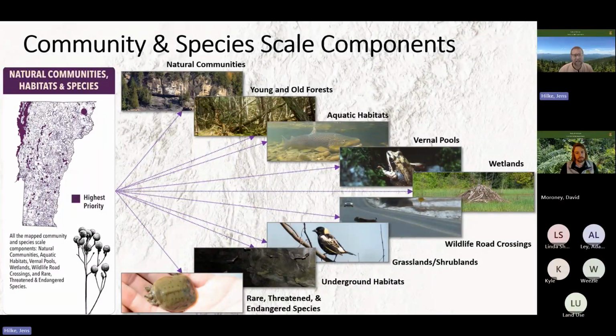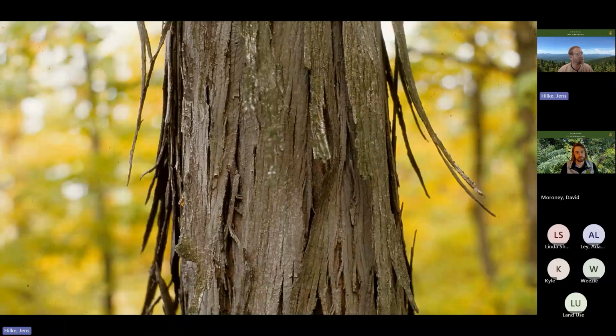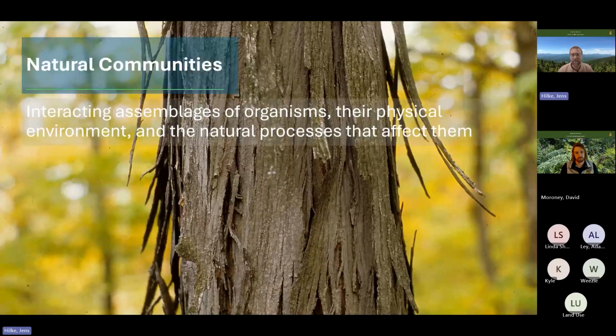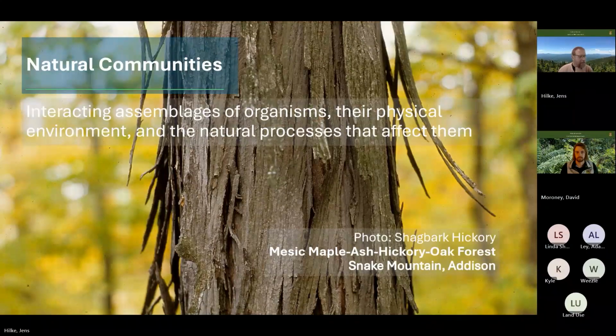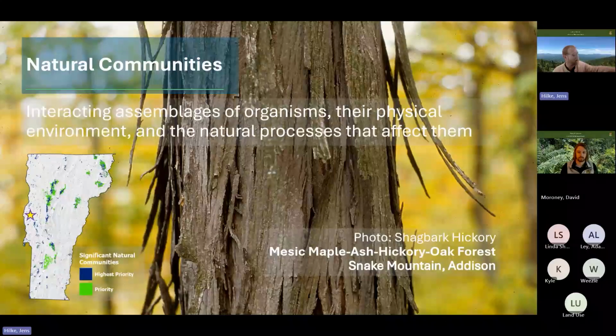So let me just dive into a couple of these. Natural communities. A natural community is an interacting assemblage of organisms, their physical environment, and the natural processes that affect them. This is a shagbark hickory, mesic maple, ash, hickory, oak forest on Snake Mountain. And so you can see where these highest priority natural communities occur across the state.